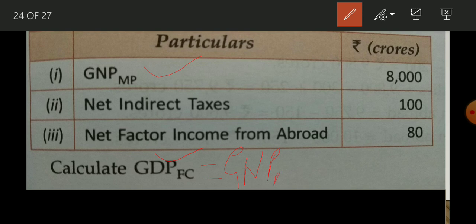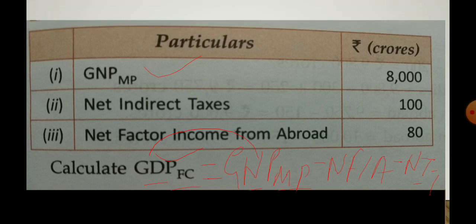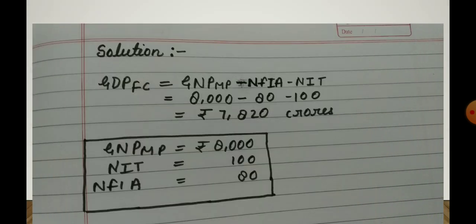So what is the difference here? Here is N, here is D. So when we are moving from national to domestic, we will subtract NFIA. Now here is MP and here is FC. So when we are moving from MP to FC, we will subtract NIT. So let's do this question.